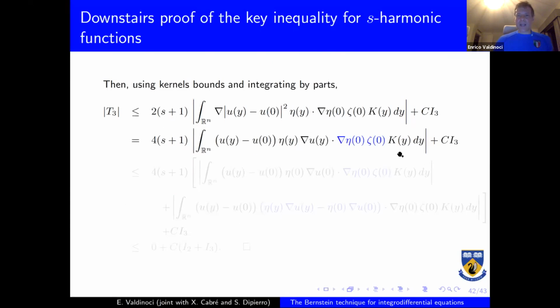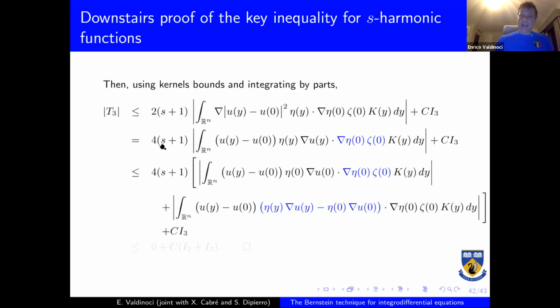One can take now the gradient of the square and compute it, and add and subtract the eta times gradient u to compensate the eta times gradient u of 0.